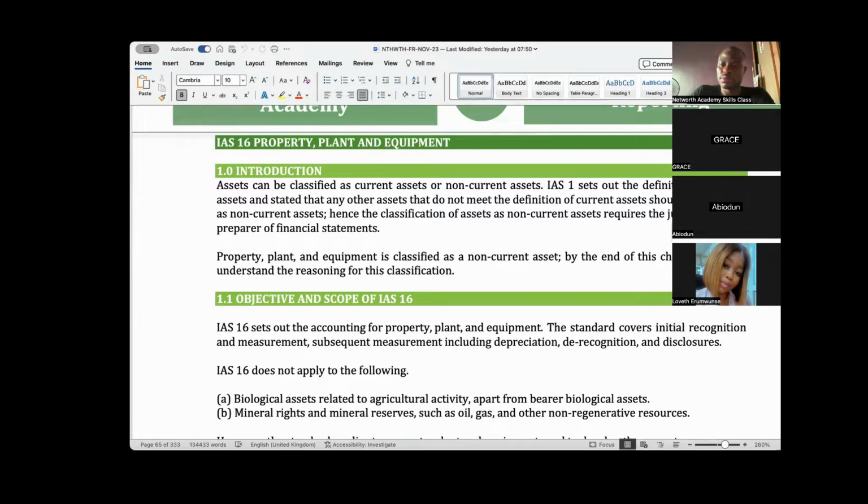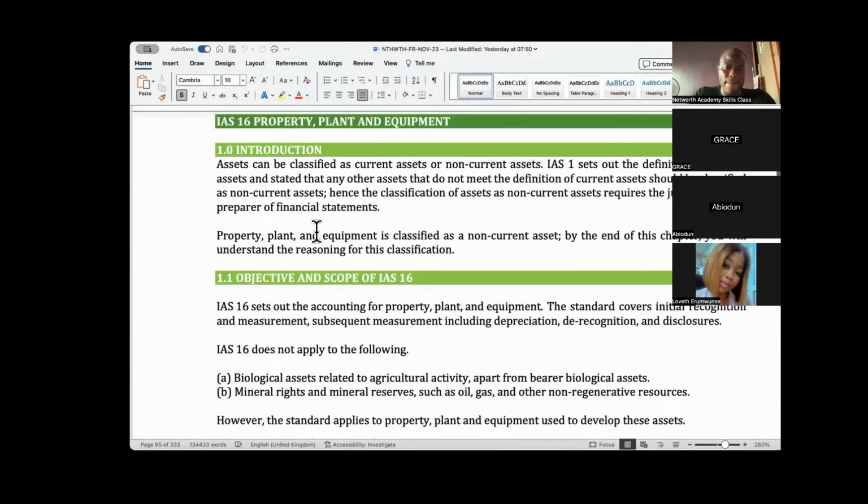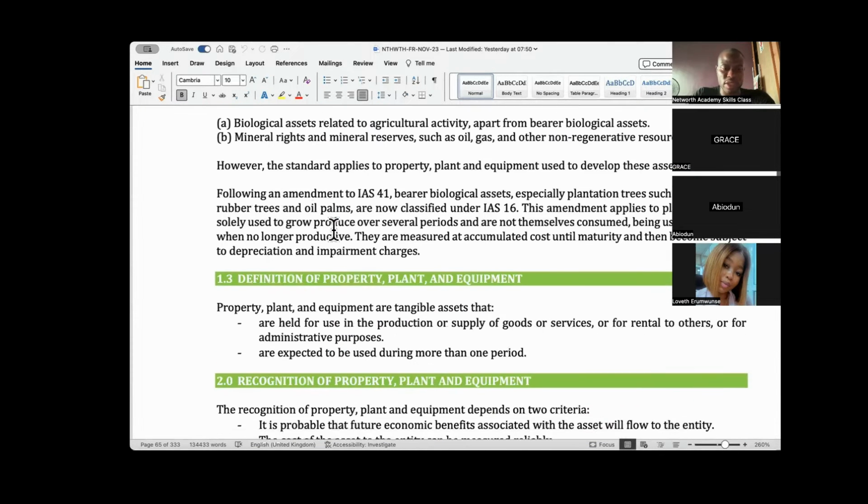So you're welcome. Today, we are going to start from where we stopped last week, which is on property, plant, and equipment. And last week, we looked at, firstly, what property, plant, and equipment is.